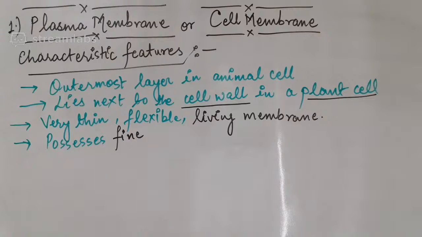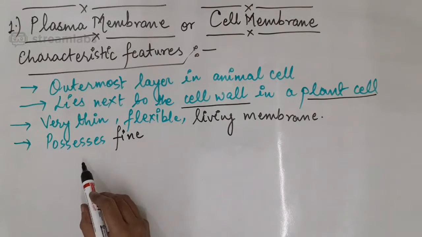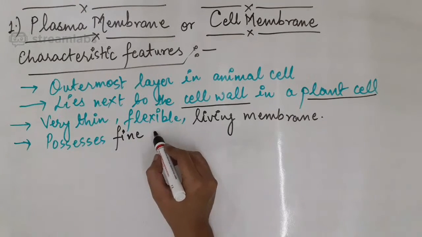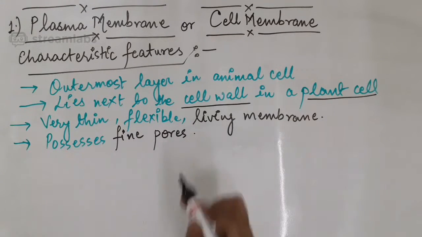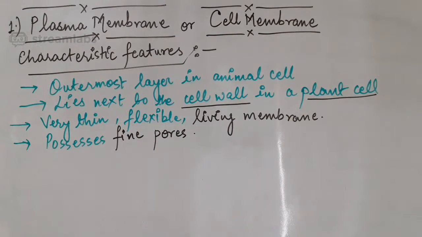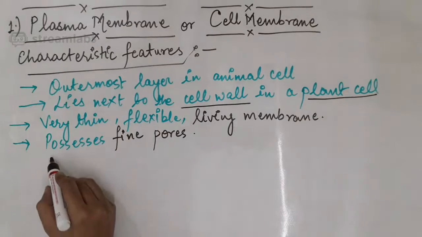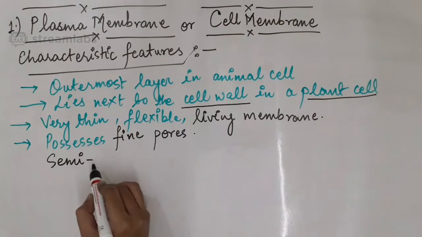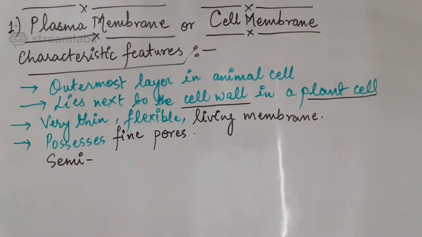We studied three different membranes. First was semi-permeable, second was selectively permeable, and third was impermeable. So the plasma membrane possesses fine pores. That gives it the nature called semi-permeable, which allows certain materials to pass through it.